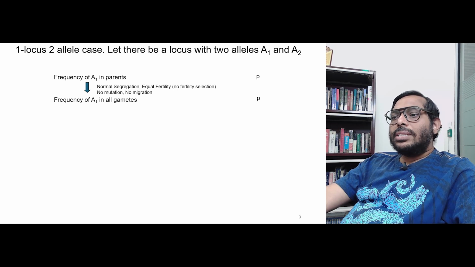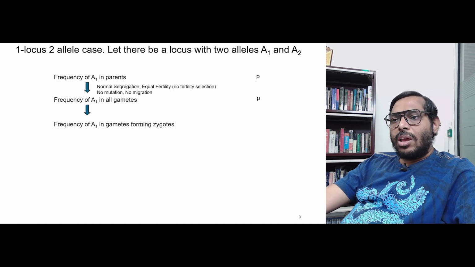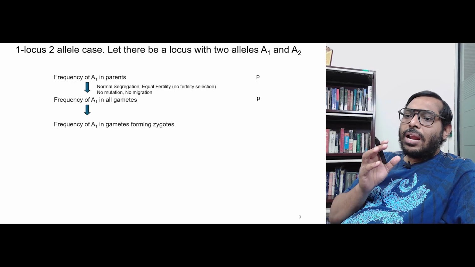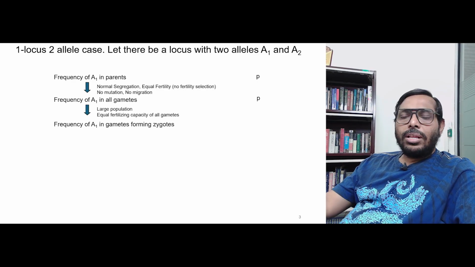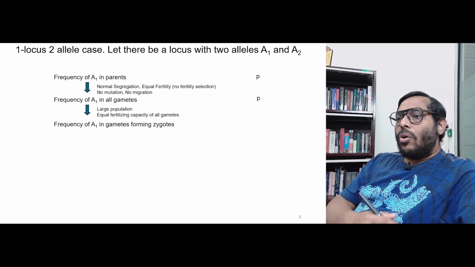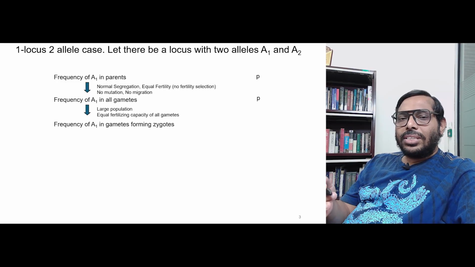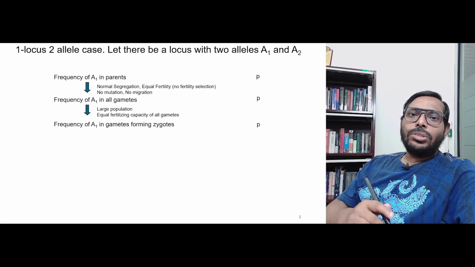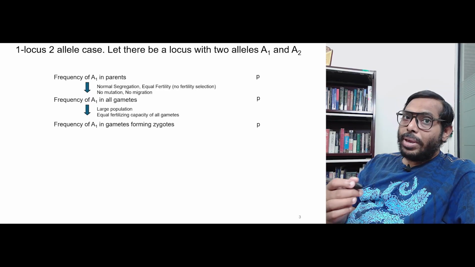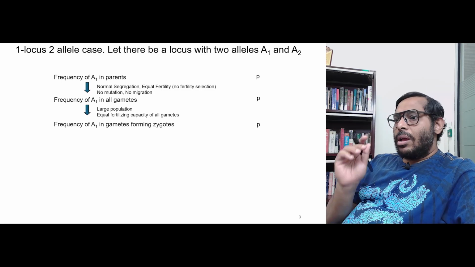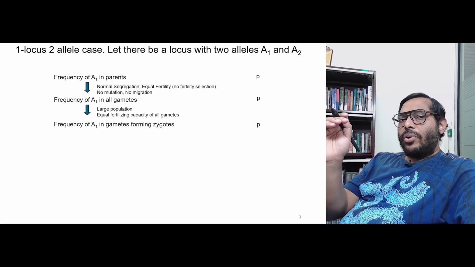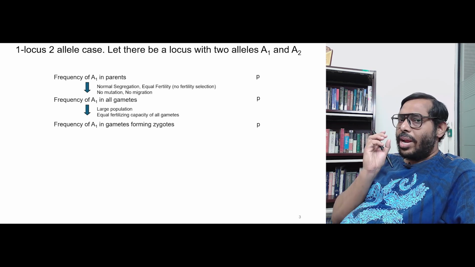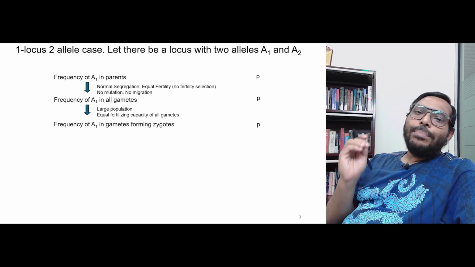Therefore, from this large number of gametes, we have to go to those gametes which are forming the zygote, and we are claiming that if the population size is large and if the fertilizing capacity of all the gametes is similar, then the frequency of A1 in gametes forming zygotes will still remain P. Now, why are we making this claim? Remember, we are going from the frequency of A1 in all gametes to the frequency of A1 in a subset of the gametes. So, basically there is a sampling happening.